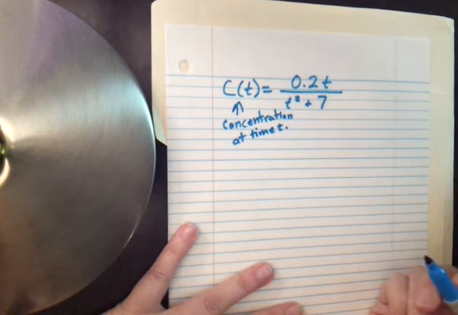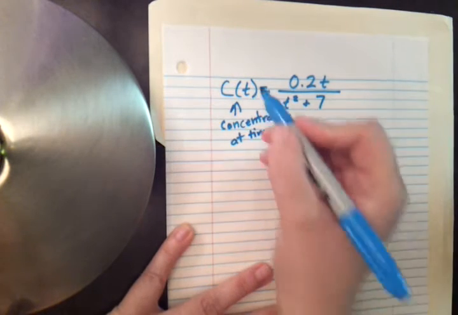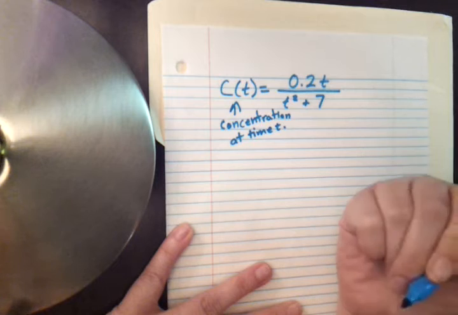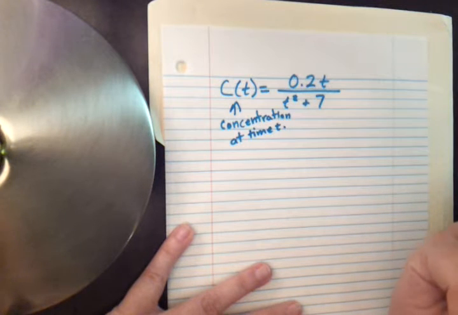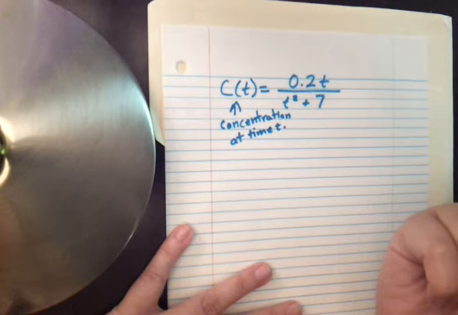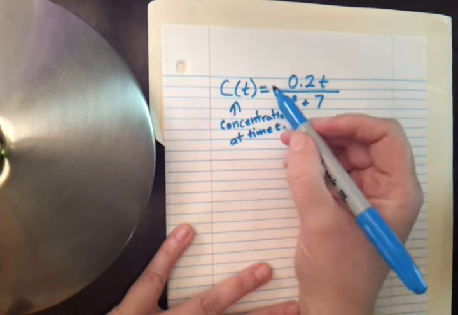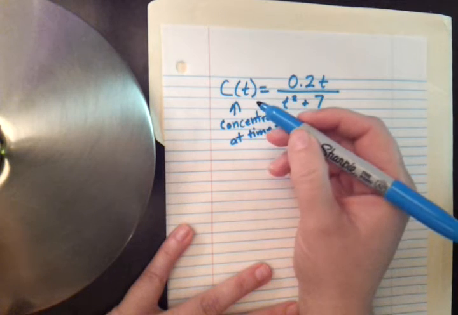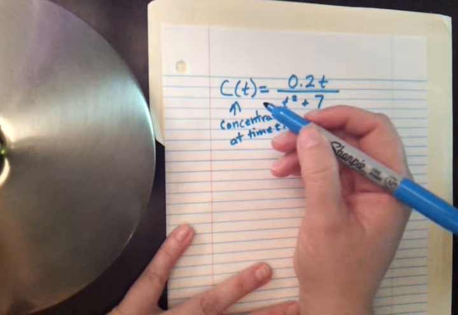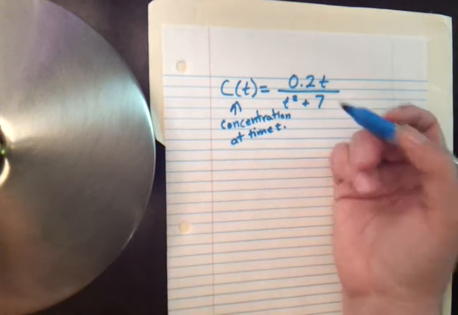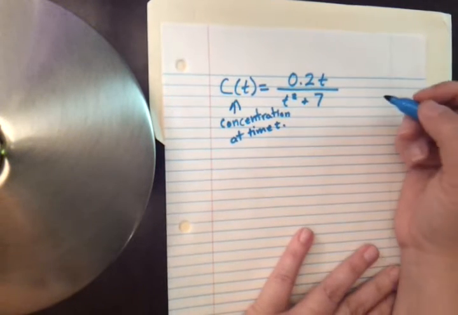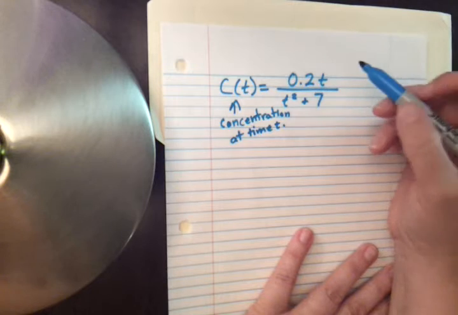So if we wanted to know the concentration after 8 hours, we would plug in an 8. If we wanted to know the concentration after 5 minutes, we would have to plug in 5 over 60, which is 1/12. Okay, I just forced myself to do more math than I thought I was going to do at this time of night.